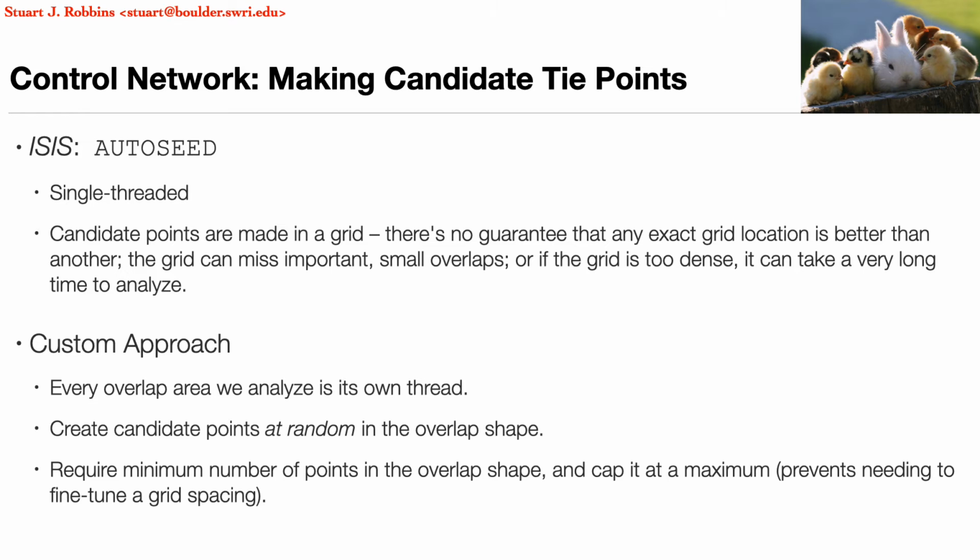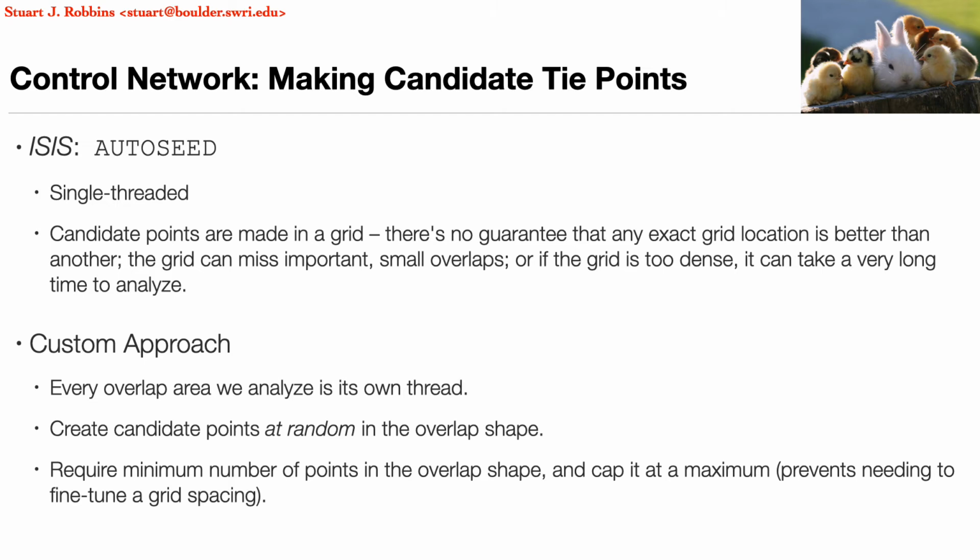What we've done is that we've employed a different method. Every overlap area is analyzed in its own thread, and we only analyze those that increase the area covered by a significant amount. Because each overlap area is in its own thread, that lets us multi-thread the process pretty well. What we do is we create candidate points at random in the overlap shape in order to try to get at those nooks and crannies.